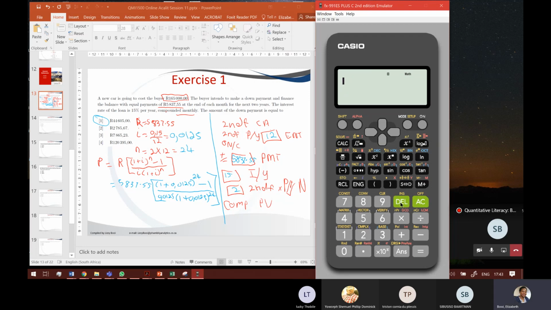If it does, then it makes our lives easy because we're going to use the fractions to calculate what is inside the bracket. So first you're going to press the value, which is 5837.55. And you can say multiply by, or you can just go ahead and put the bracket and then put the fraction inside.